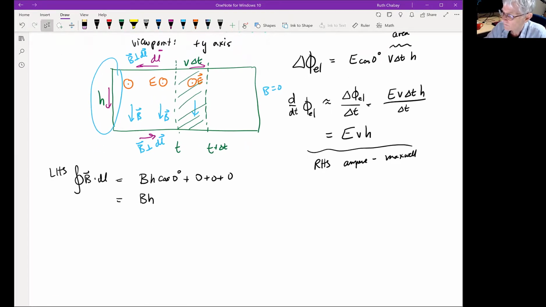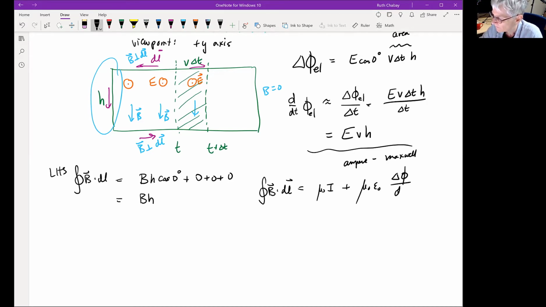And so this is the Ampere-Maxwell law, which says that the integral of B dot dl is equal to mu 0 I, which is 0, plus mu 0 epsilon 0 times the rate of change of the electric flux.